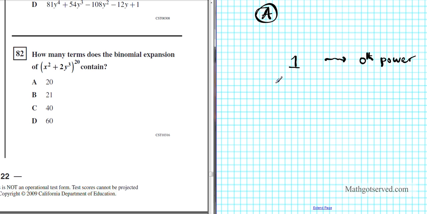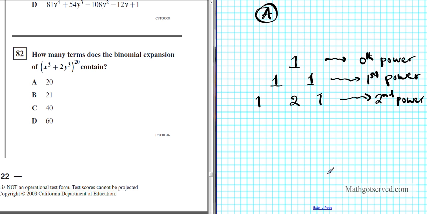Okay? How about 1, 1? This is for the first power. The first power has how many terms? It has 1, 2 terms. Okay? And then 1, 2, 1. How many terms does the second power have? This is the second power.